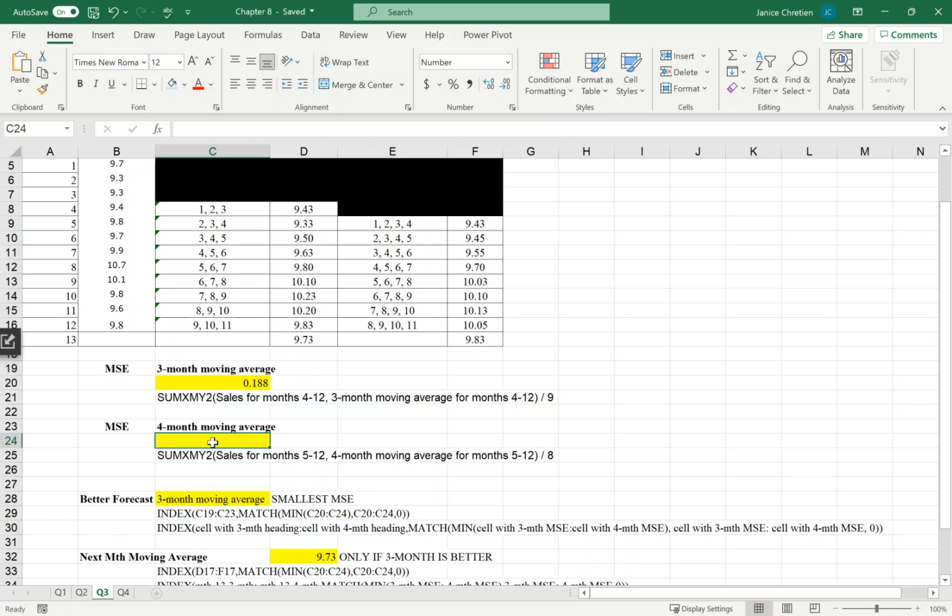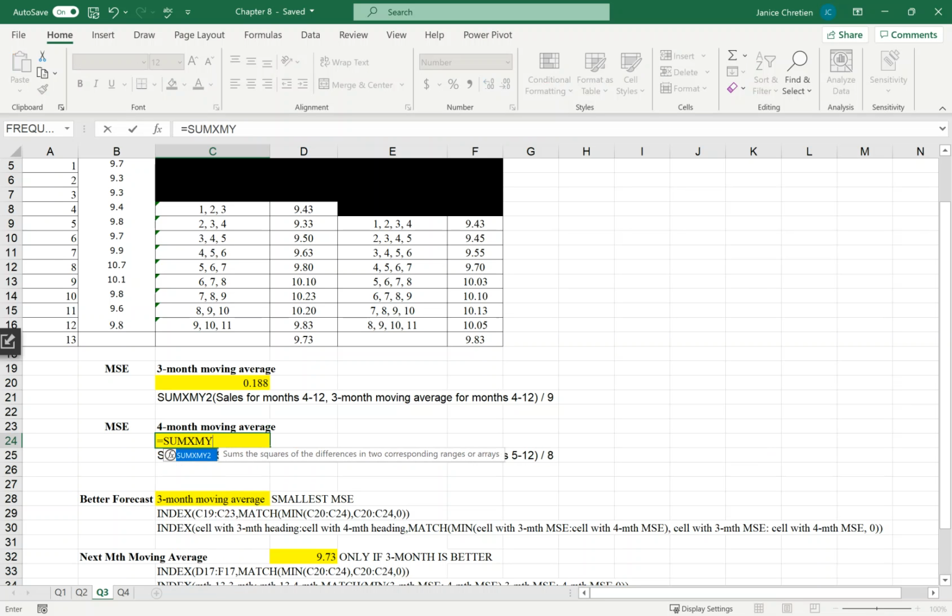And for the 4-month moving average, I'm telling you, you need months 5 through 12. So it's X and Y. 5 through 12 now. Where'd my mouse go?